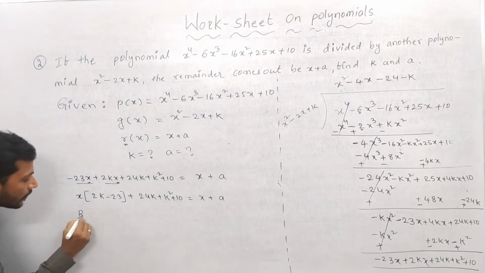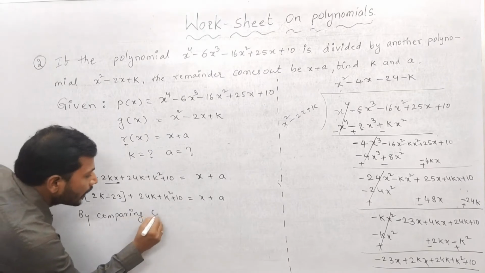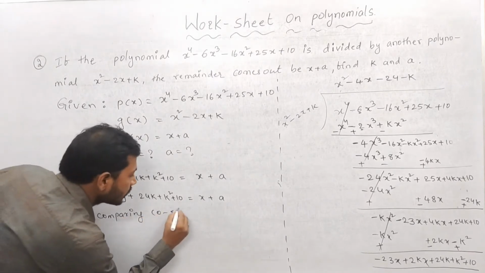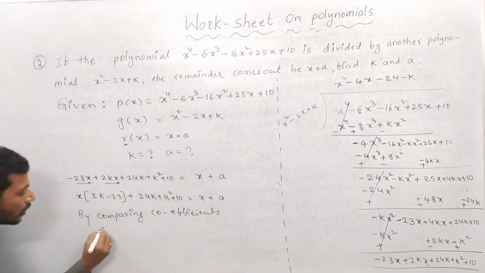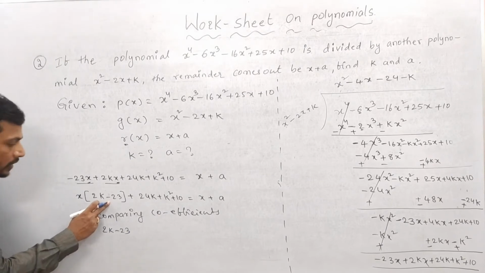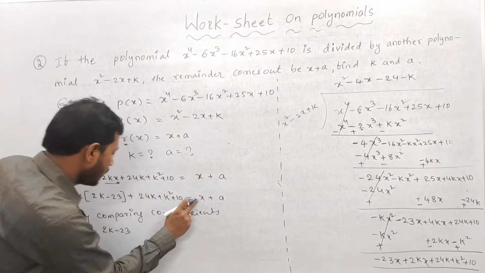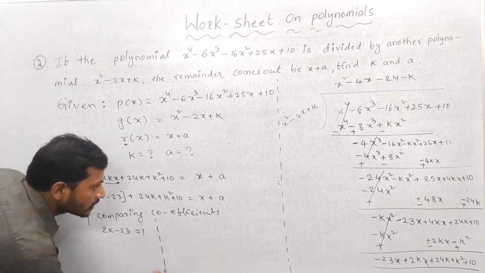By comparing coefficients, I am writing 2k minus 23. Here x coefficient is 2k minus 23. Here x coefficient is 1. Then equals to 1. Second constant term is what, sir?